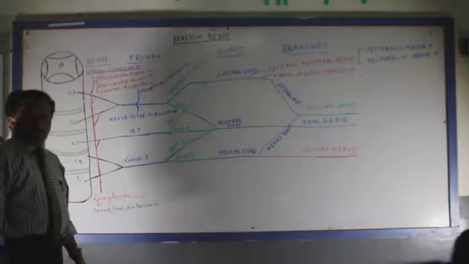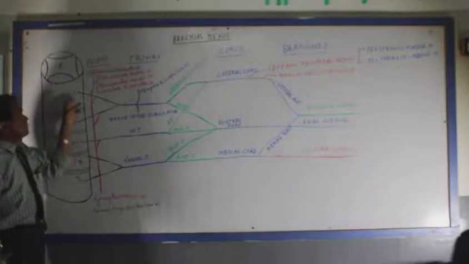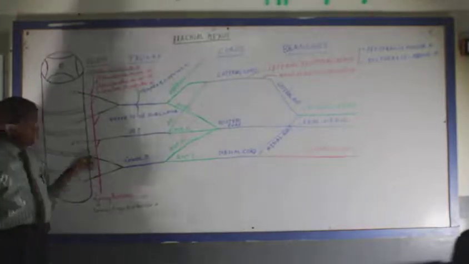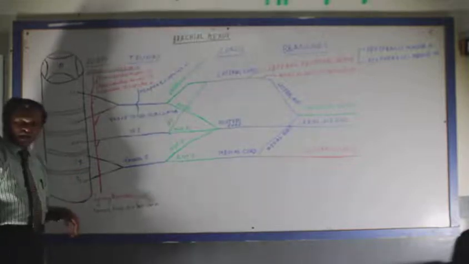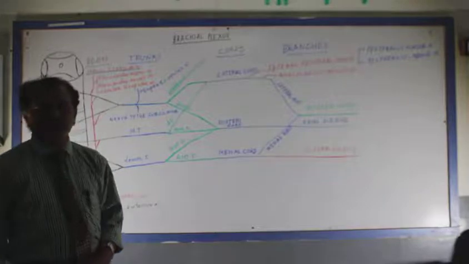Next is the long thoracic nerve. The long thoracic nerve arises from the roots of C5, C6 and C7. These nerve roots give the long thoracic nerve, which supplies the serratus anterior.